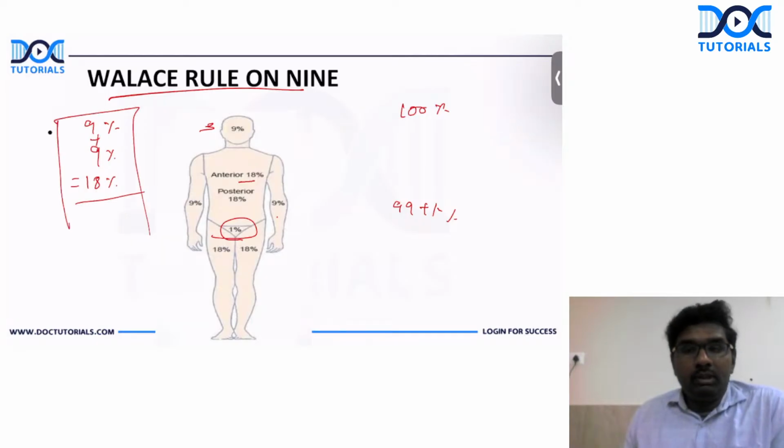In NEET MCQs or NEET super specialty, they can give a clinical scenario and you may be asked to calculate the percentage of body surface area involved in burn. And is this important? Yes, of course. This body surface area is a very important parameter to detect morbidity and mortality earlier.